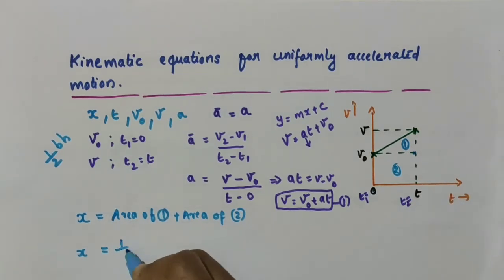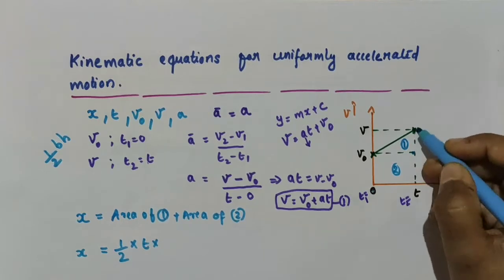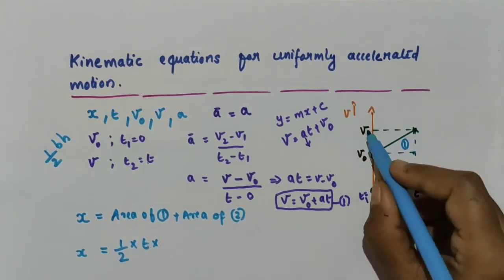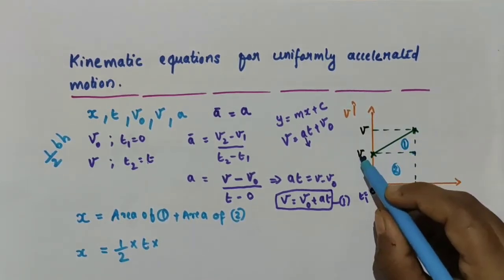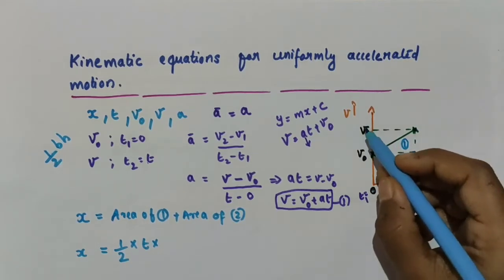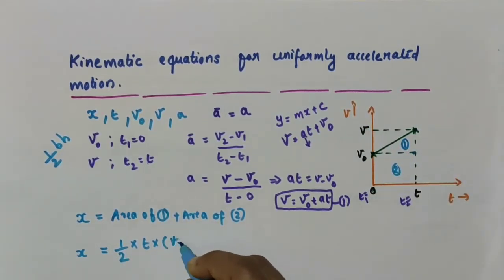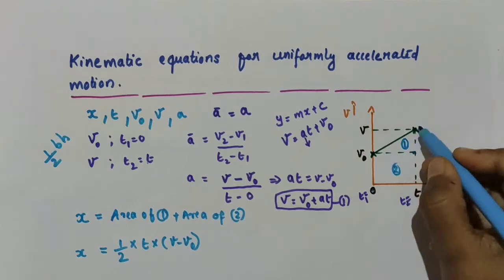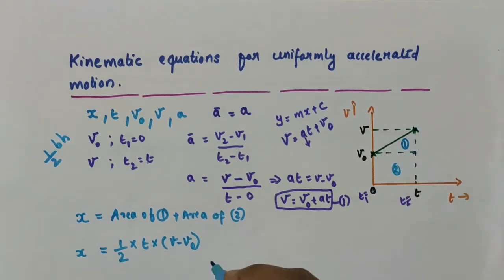So half into t into height. Height means this side: this point corresponds to v and this point to v0, so this side gives v minus v0. So half t into v minus v0 is the area of this triangle.